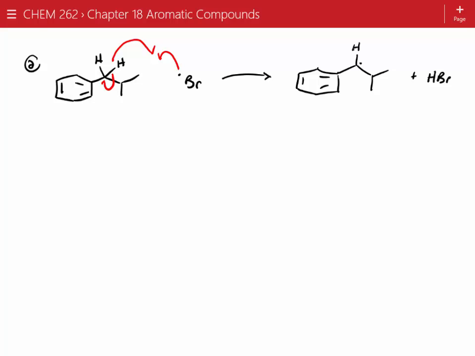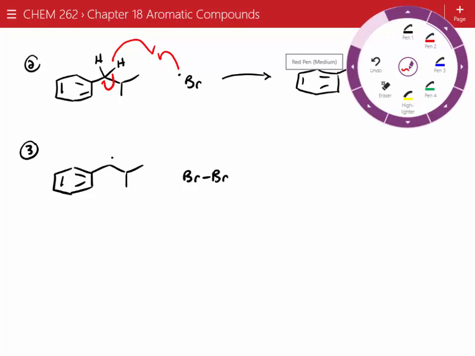Yep. What do we call the second step? Like the first one was the initiation. This is hydrogen abstraction. Yep. And then the next part is our propagation. So now that we've got our radical ready to go, this will actually react with trace bromine that's present in solution.